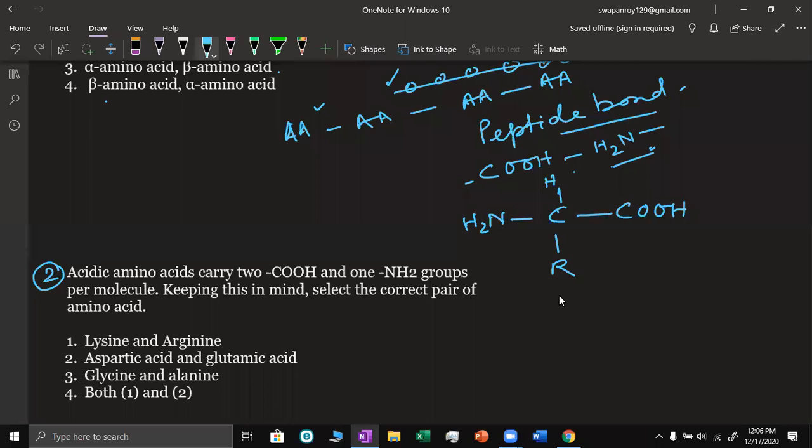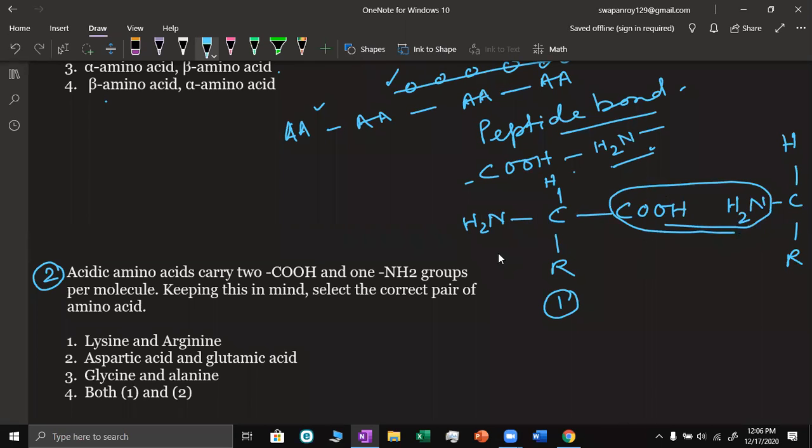If this one is the first amino acid and the next amino acid, they will join. These two will take part in the bond formation.